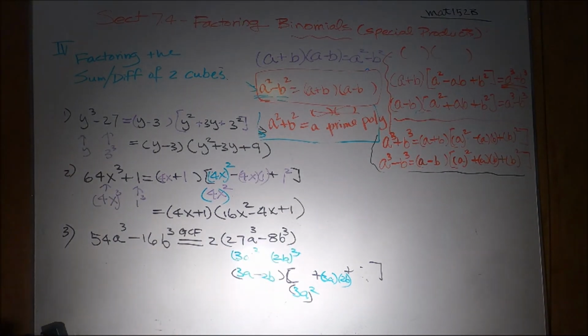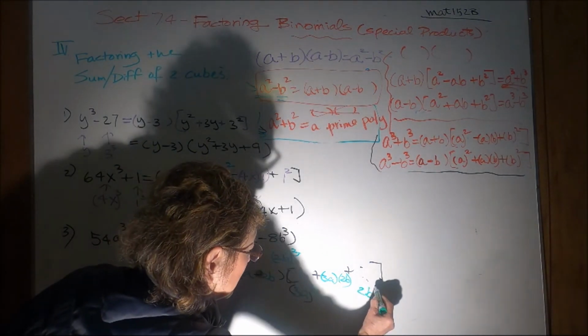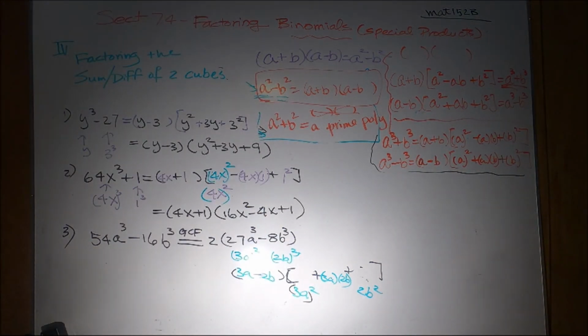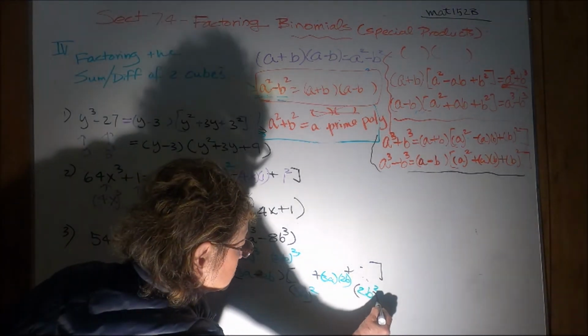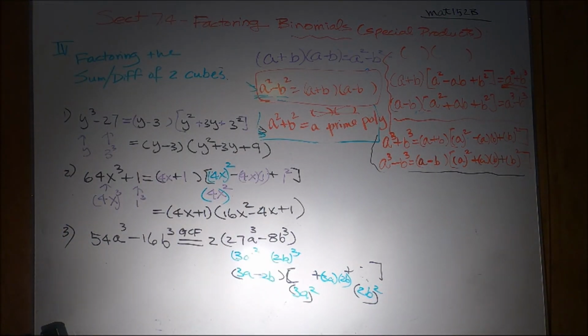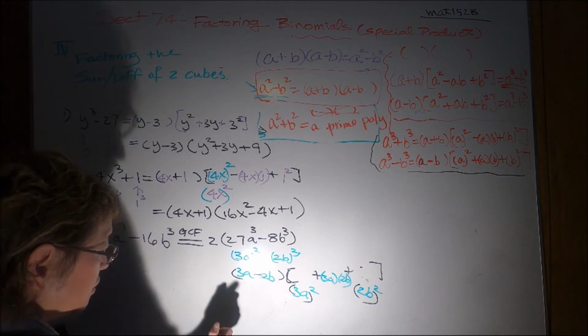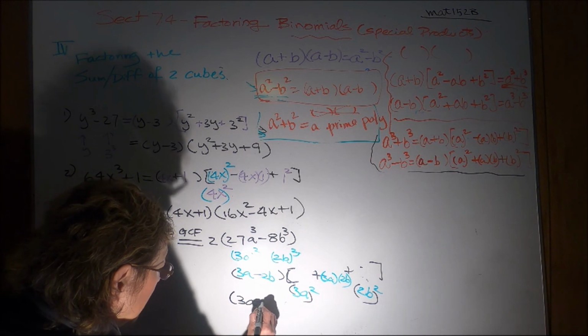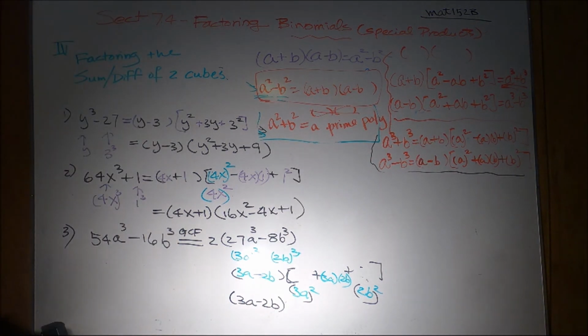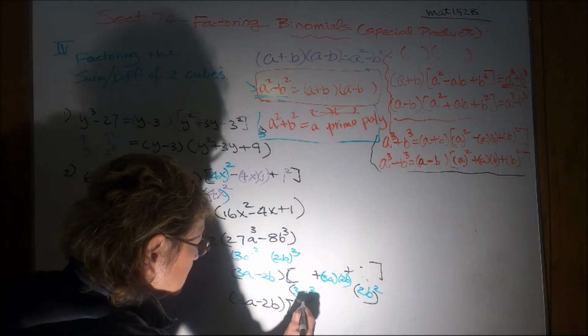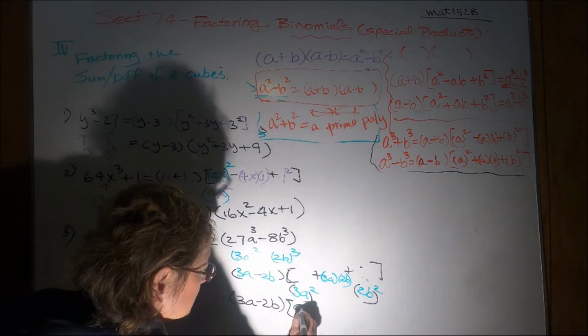First times second. The third one, don't write 2b squared, because we need the whole thing squared, right?